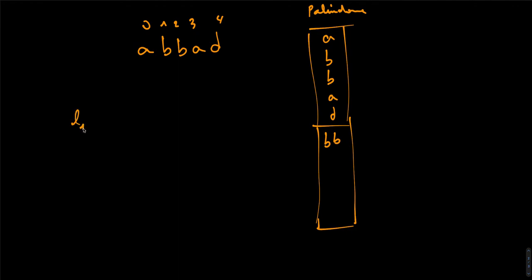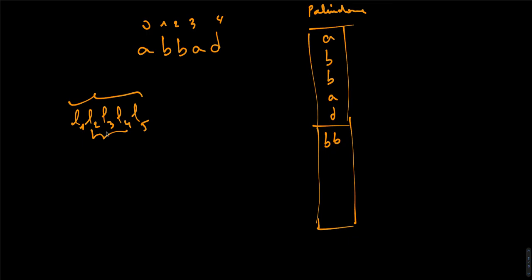I'm going to call it L1, L2, L3, L4, and L5. And each variable here corresponds to a specific letter. Imagine with me that we know the state of these 3 letters, and we want to know if this substring is either palindromic or not.